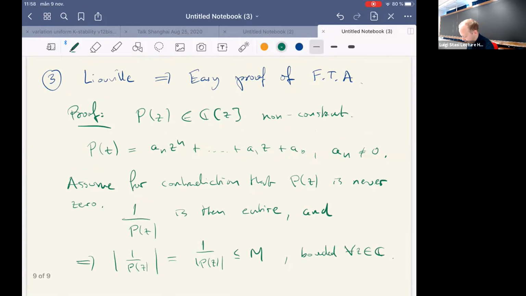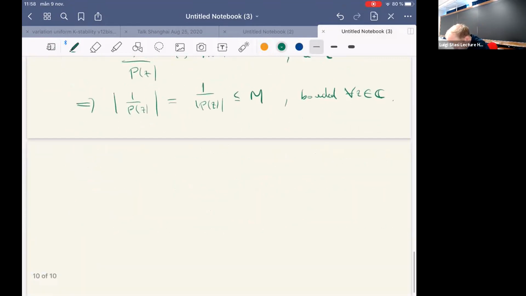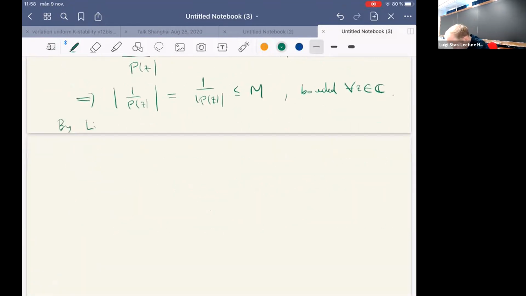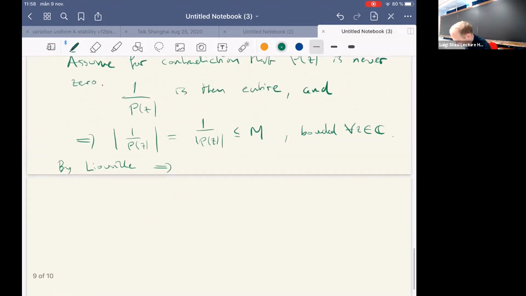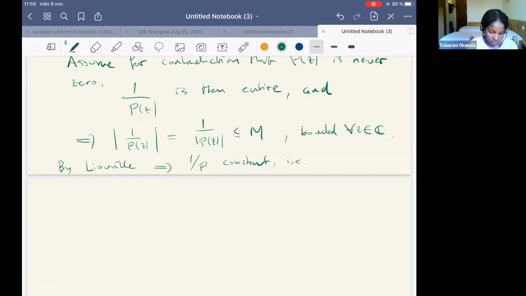And to conclude, now we use Liouville. By Liouville, what does it imply? It implies that 1 over P is constant, right? But 1 over P constant means that P is constant.